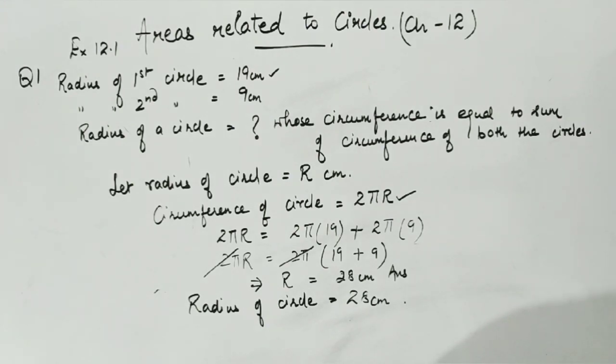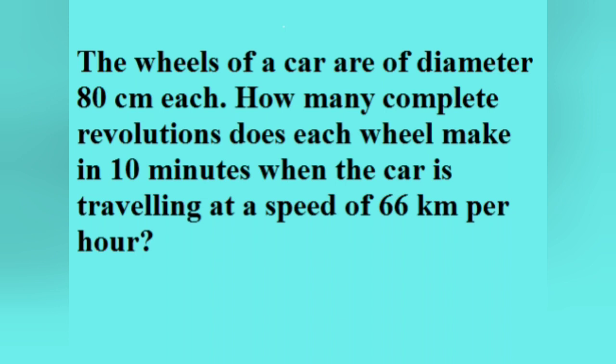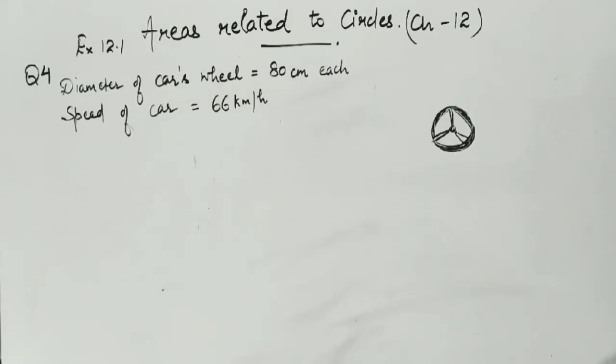Next question is, the wheels of a car are of diameter 80 cm each, how many complete revolutions does each wheel make in 10 minutes when the car is traveling at a speed of 66 km per hour? Question 4 from exercise 12.1.